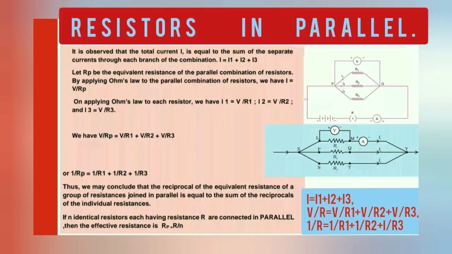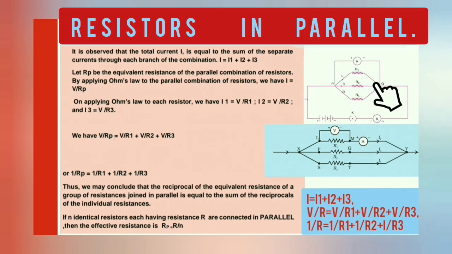Now we will see what happens when we connect three resistors in parallel. See here, three resistors in parallel. Here, two circuit diagrams I am showing. Here, we are measuring the voltage across each resistor individually and the current through each resistor also individually.